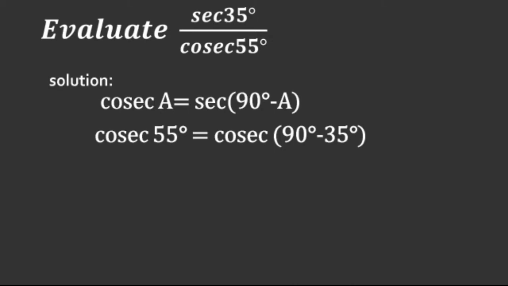But cosecant 90 minus 35 equal to secant 35. So that cosecant 55 degrees is equal to secant 35 degrees.